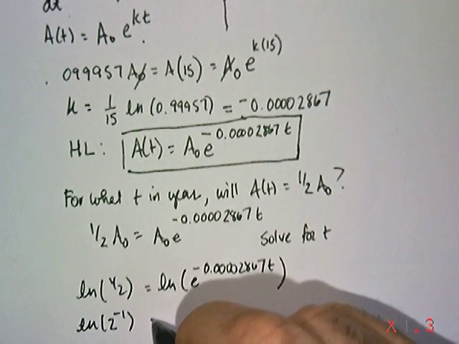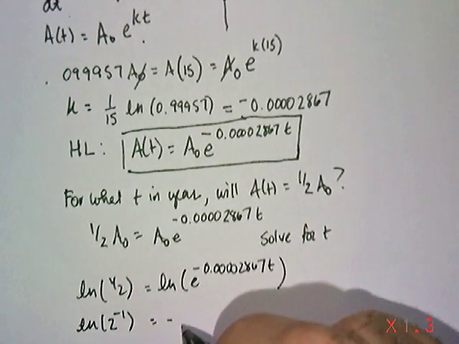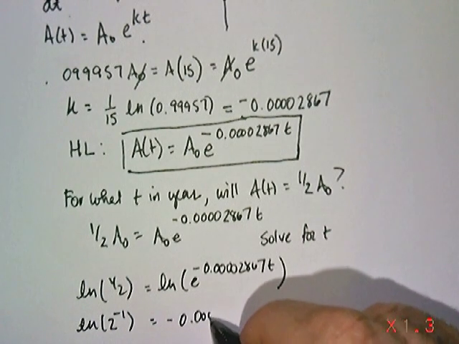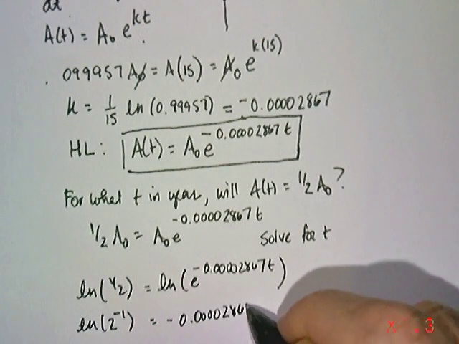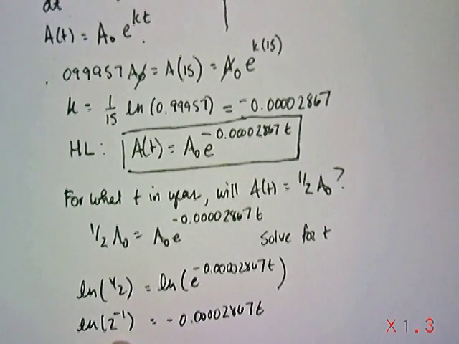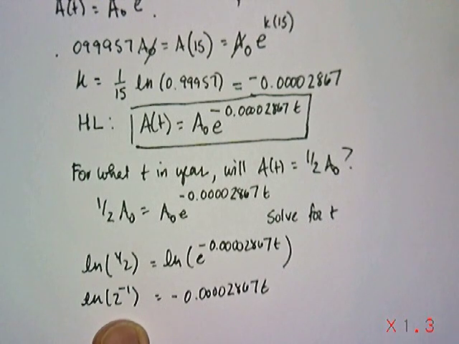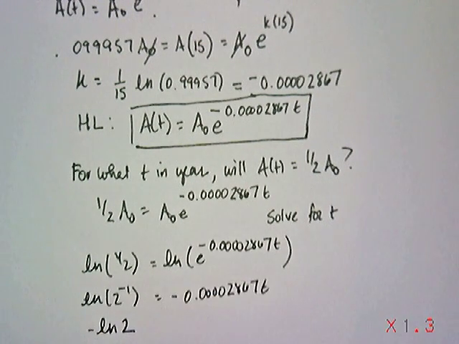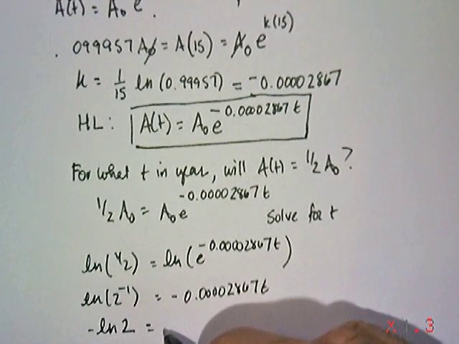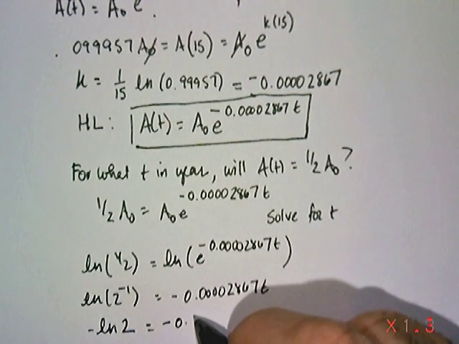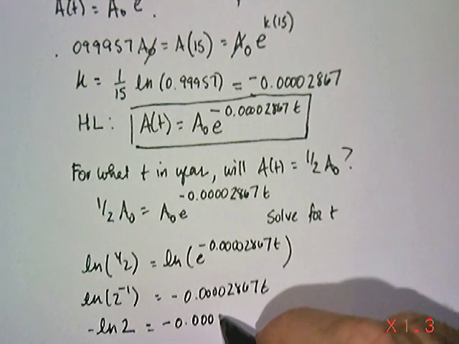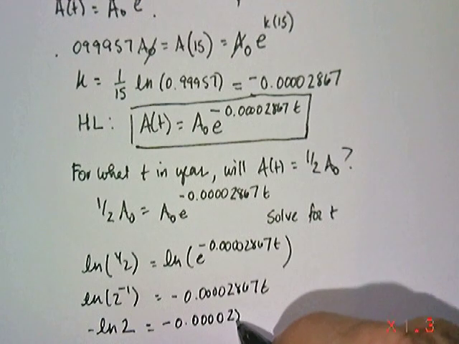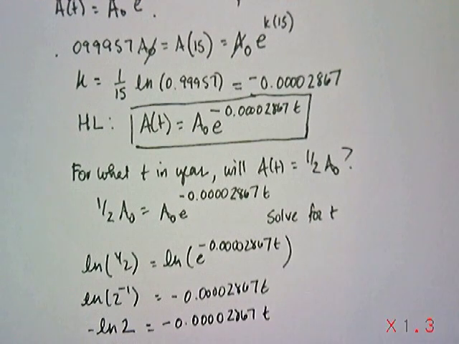This will be the same thing as negative 0.000002867 t, but this is just going to be negative natural log of 2. You can pull that exponent out. And we're going to see that time is going to be a positive value, which is very good. It's consistent with what we expect in time.